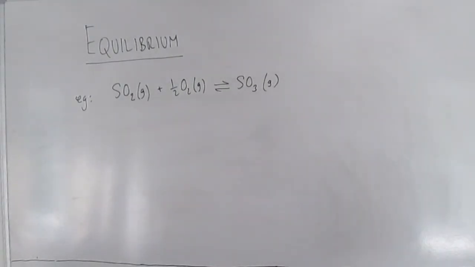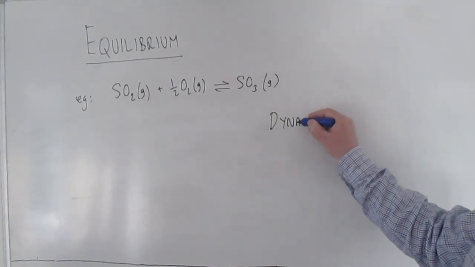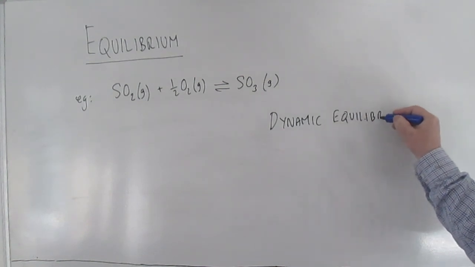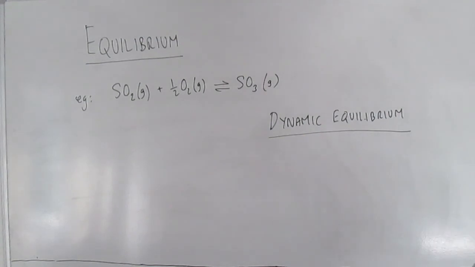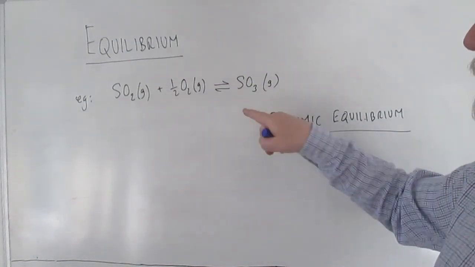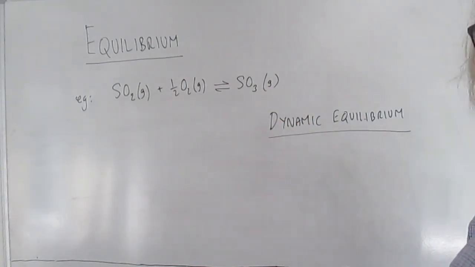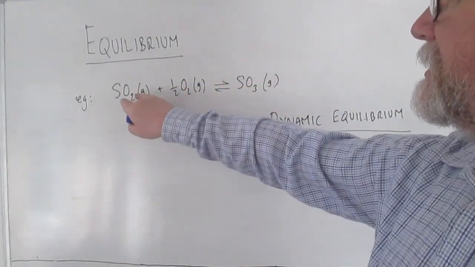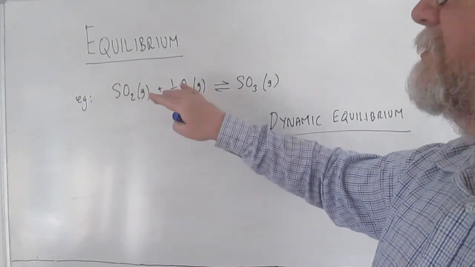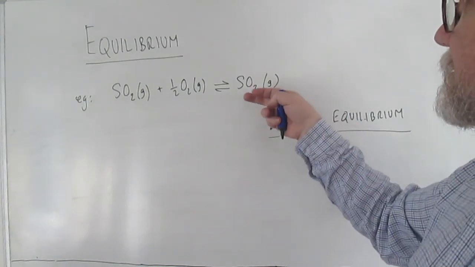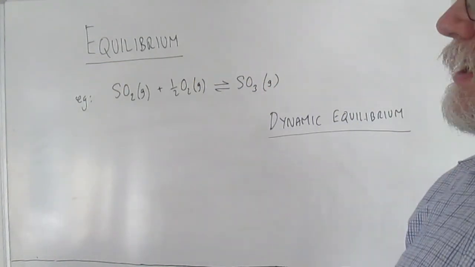Now, this kind of equilibrium that we've talked about is specifically called a dynamic equilibrium. And what that means is that it isn't true that nothing is happening, because as we said, in the equilibrium situation, although the concentrations of all three of these substances have become constant and they're not fluctuating at all with time, that doesn't mean that nothing's happening, because all the time SO2 and oxygen molecules are reacting with each other and converting into SO3, but that's balanced by the SO3 molecules breaking back down and forming SO2.